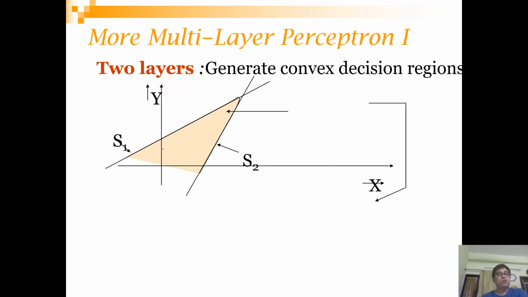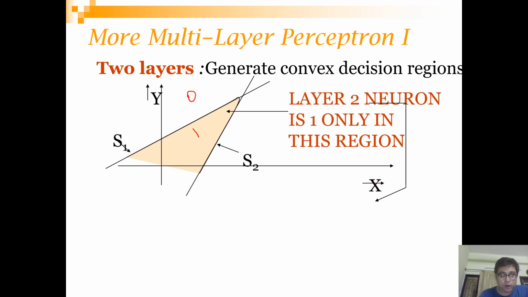Let's look at some other example. Here, what we want is this shaded region. We want to call this one class, and outside of these two lines we want to call 0. So it is very similar to our XOR problem. This line we are calling S1, this line we are calling S2, and X and Y are your input variables.